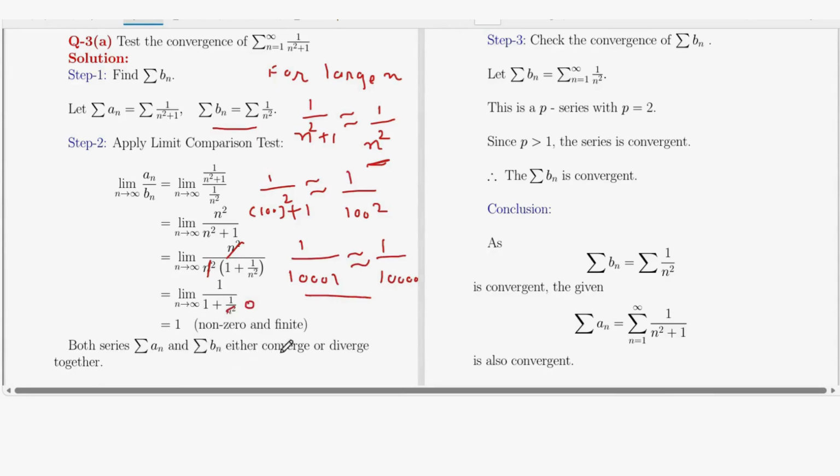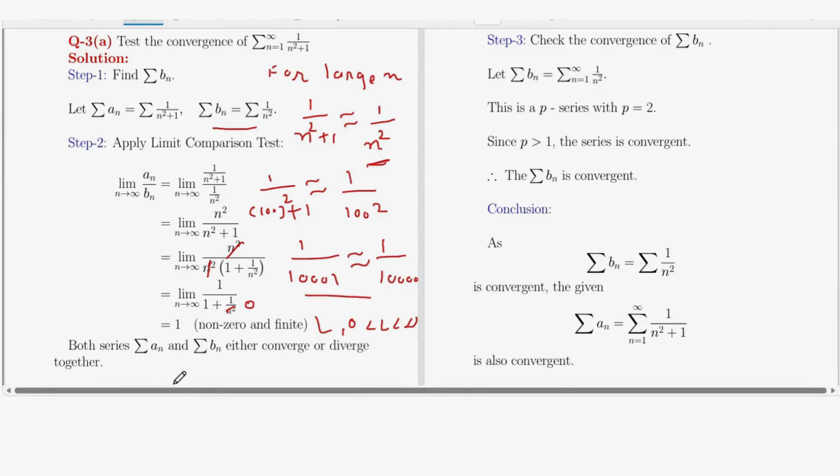So as per the limit comparison test, what is the condition of L? This one is nothing but my capital L, okay? So what is the capital L? It lies in the range 0 less than L less than infinity. If L lies in the range 0 to infinity, then what do we conclude? Series An and series Bn either converge or diverge together, okay? Here L is 1 and L lies in the range of 0 to infinity.